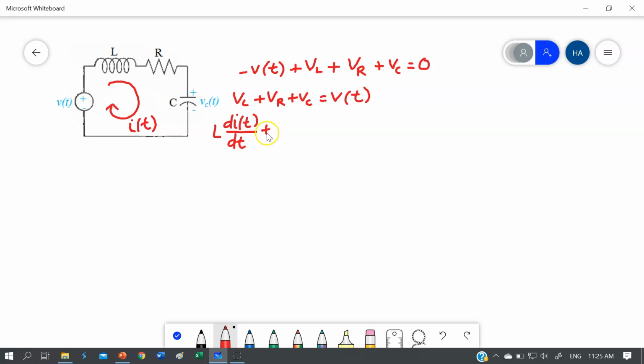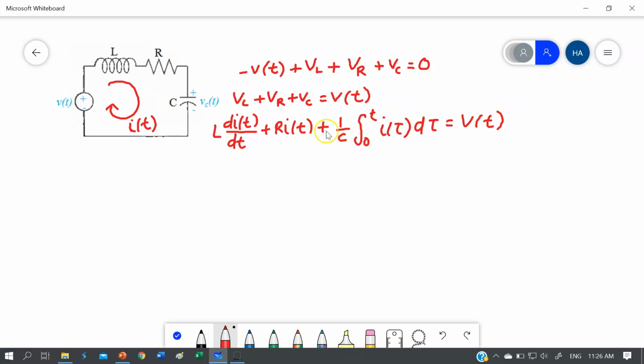So here we have R I(t) plus 1 over C integration from 0 to t of I(tau) d tau equals V of t.